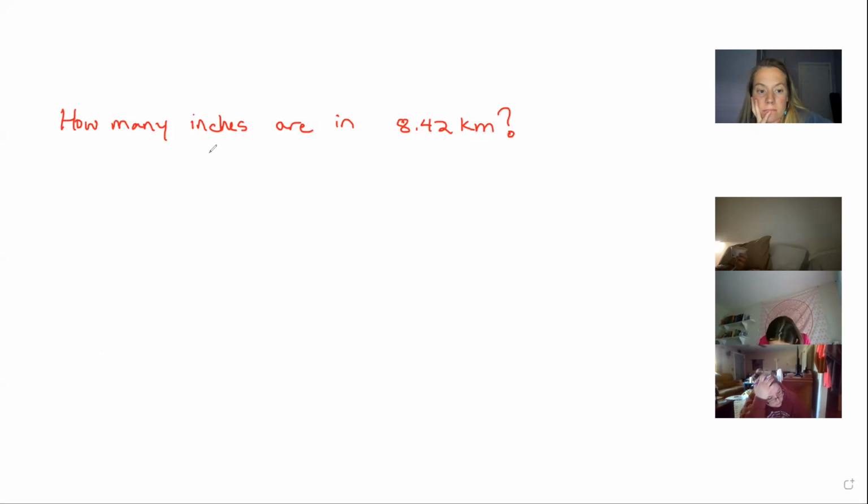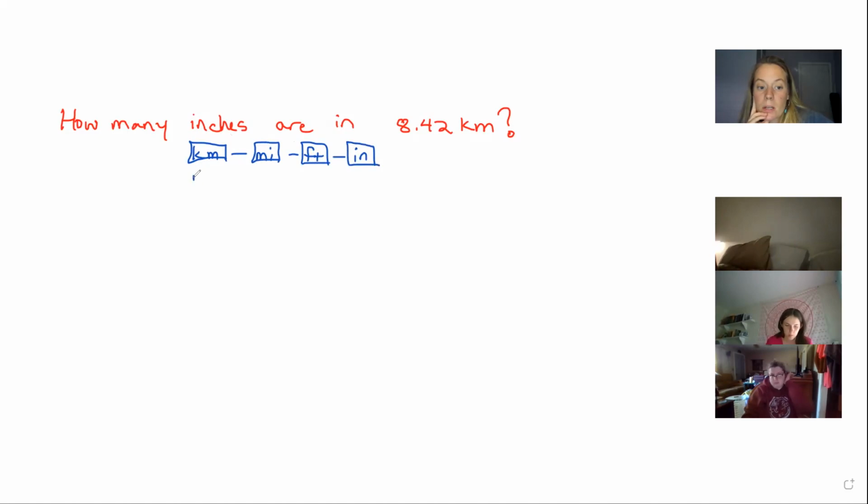Okay, so some of the flowcharts, or the thought process that I'll see with these, is, well, sometimes people like to go from kilometers into miles. And that's a relatively well-known conversion. And then miles into feet, and then feet into inches.